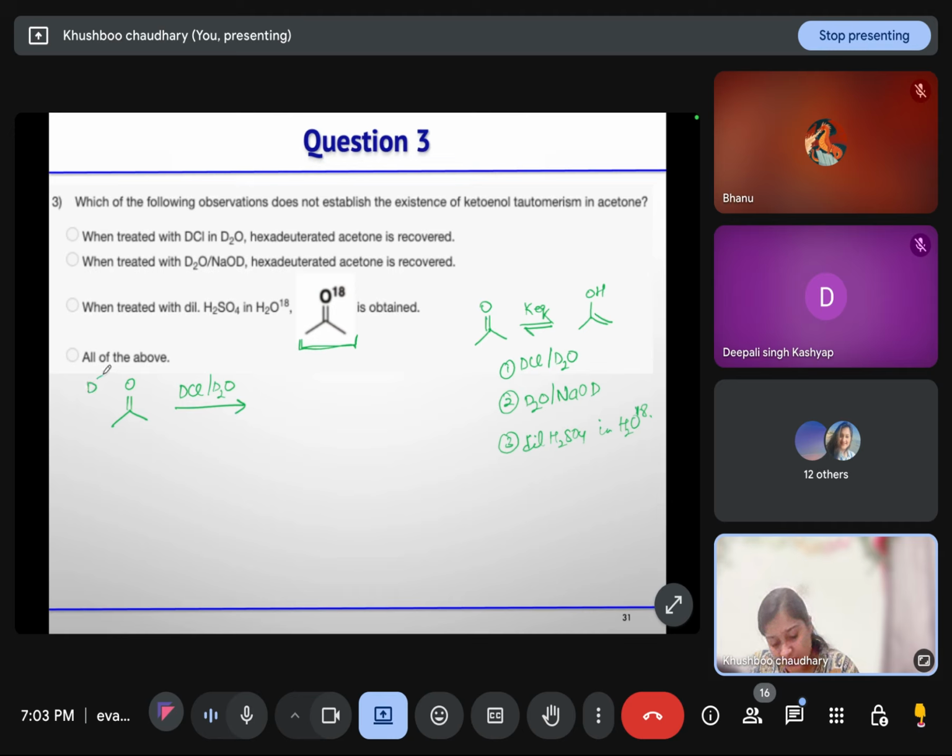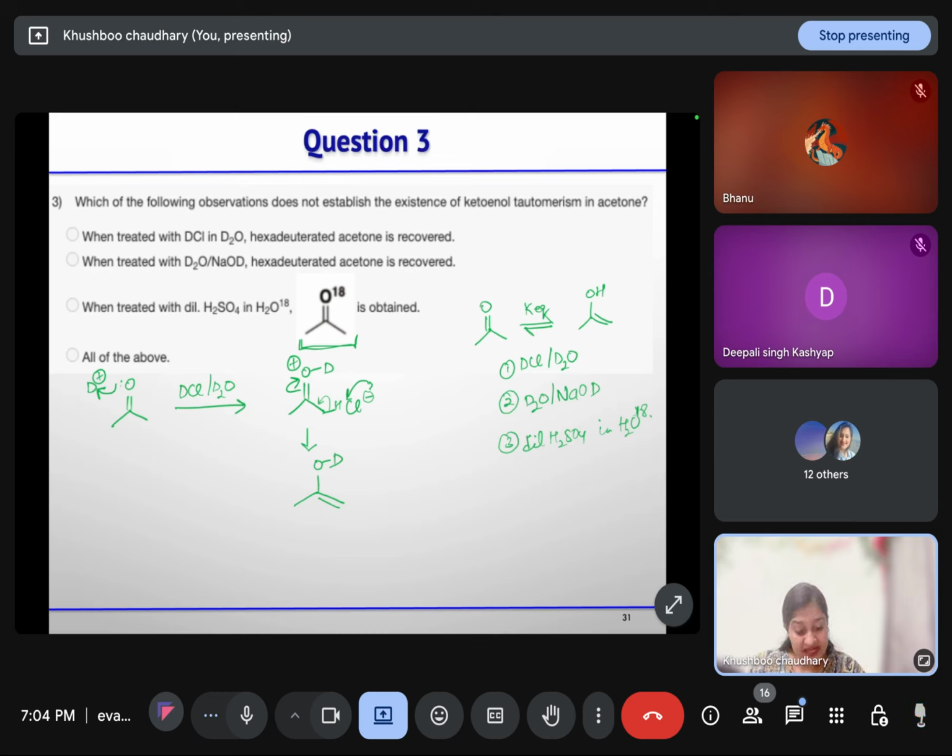So your D positive is there, oxygen has a lone pair, so it will protonate it, or in this case we can say deuterate it. So you will get this, right? Yes, ma'am. Then Cl negative will take the alpha proton to neutralize the positive charge on oxygen. So you will get this enol form.